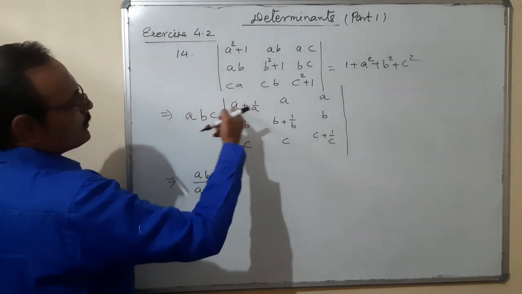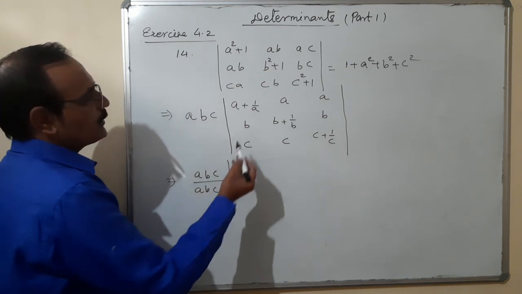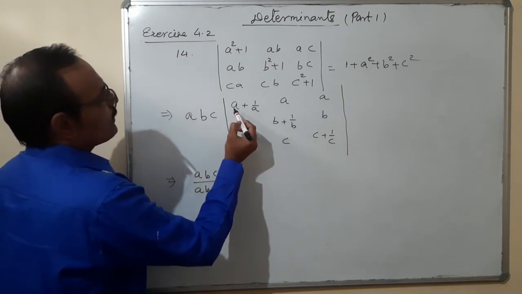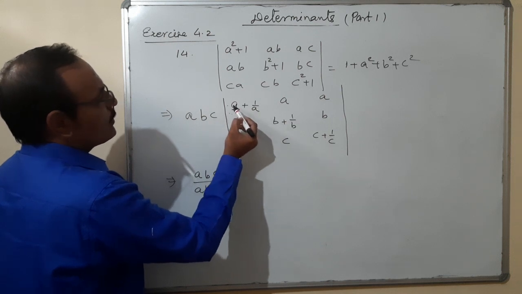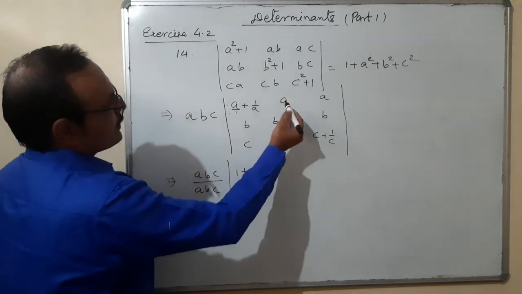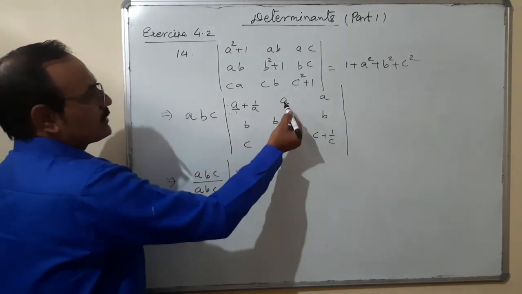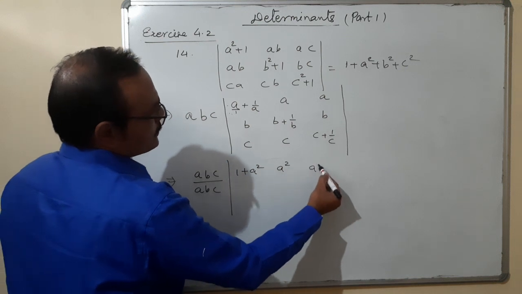If I take 1 upon A common, what does it mean? It is 1 upon A, multiplied by A and divided by A. So taking 1 upon A common, here we get 1 plus A square, and A square.